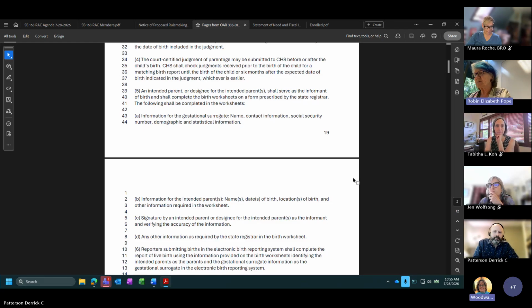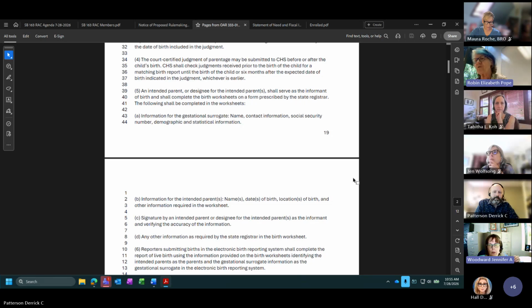Is that correct? No, the informant, let me double check, because it's the person who's actually saying that everything they've reported on the births is accurate, the certifier on the birth record. The informant, I'll have to check, off the top of my head I don't think the informant is on the legal record.